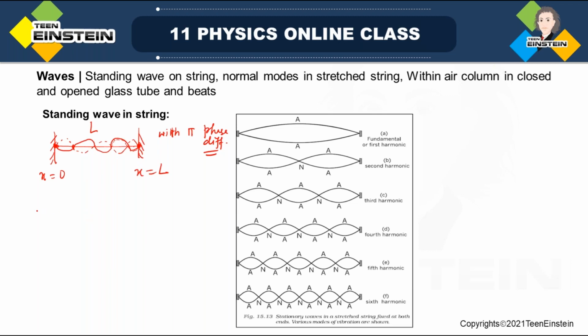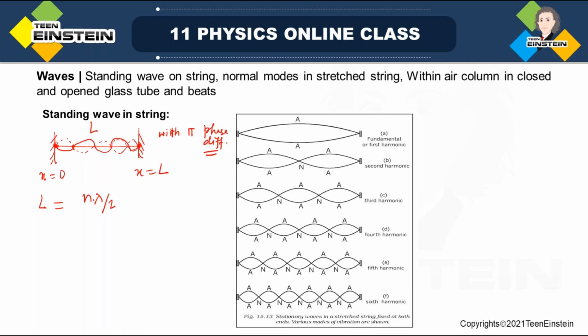Since at both ends there could be nodes, L should satisfy the condition n lambda by 2. At this end there should be a node.